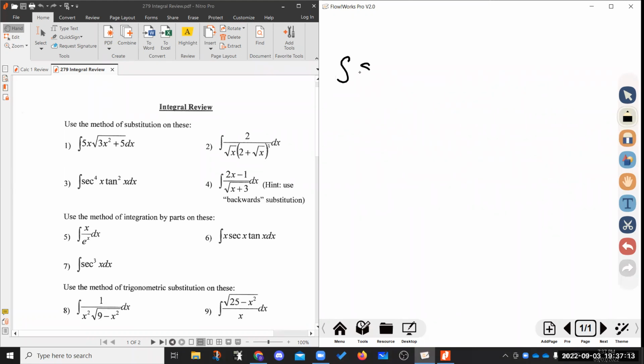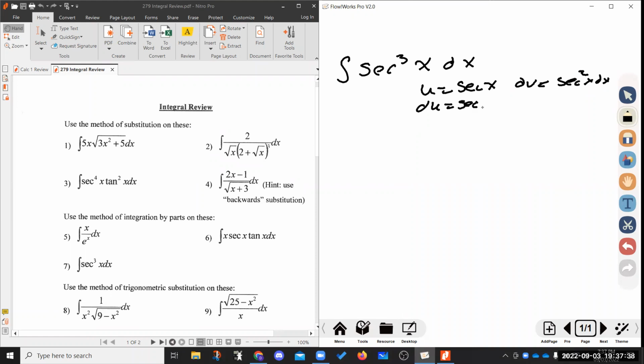Now you've got the integral of secant cubed x dx. Keep this one with the integral written on the left-hand side. It's going to wrap around on itself. This is one of those ones like that. So u is going to be equal to secant x, and dv is going to be equal to secant squared x dx.